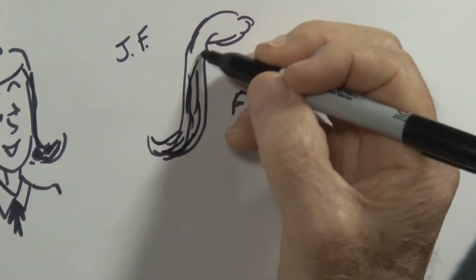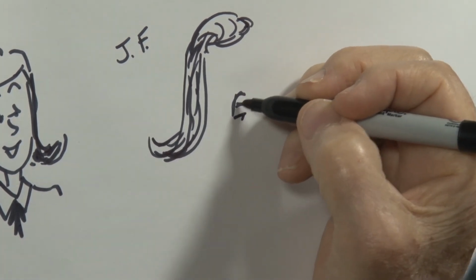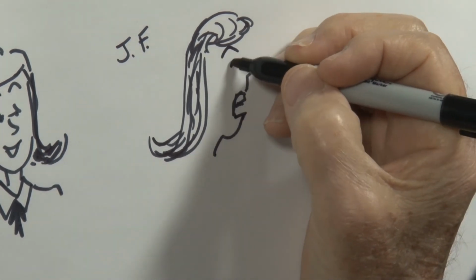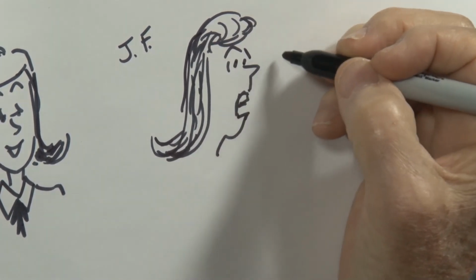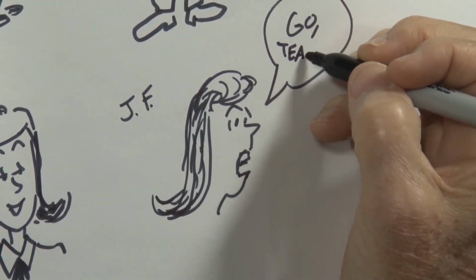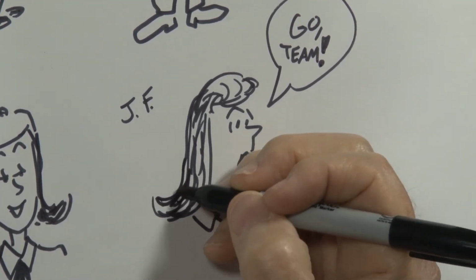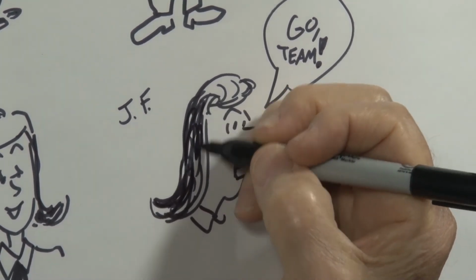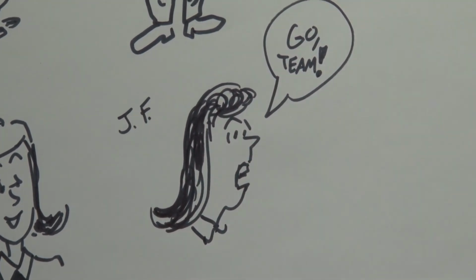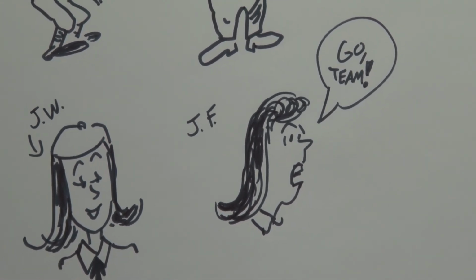And it happens that she's at a basketball game. That's the reason. She's got her mouth open and going, go team. So there we have it, initials made into cartoons.